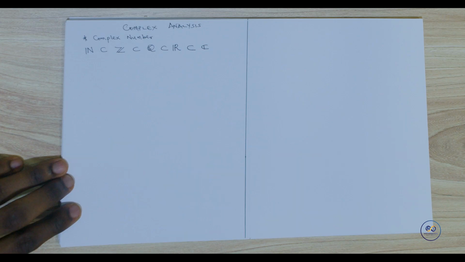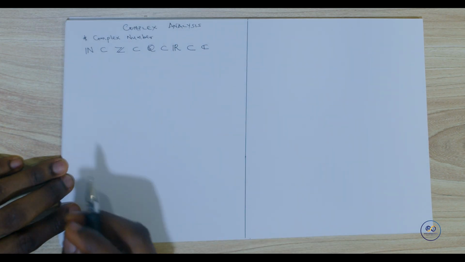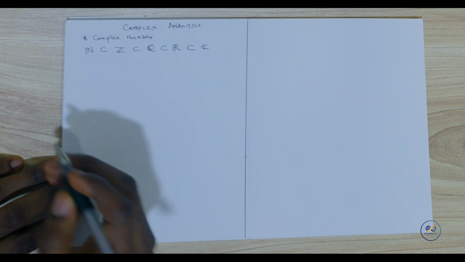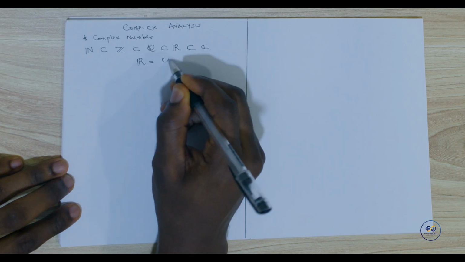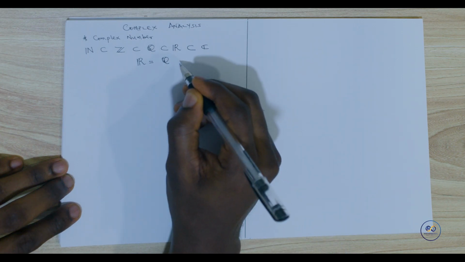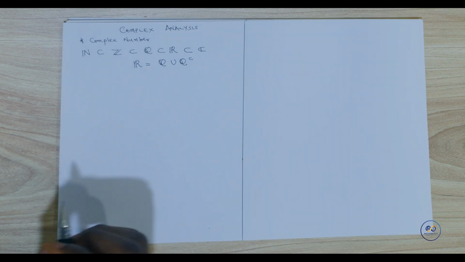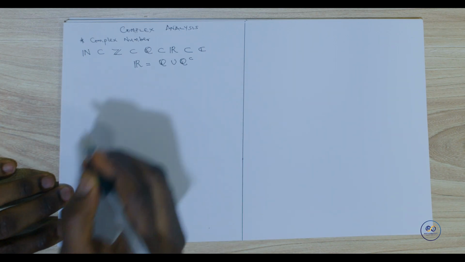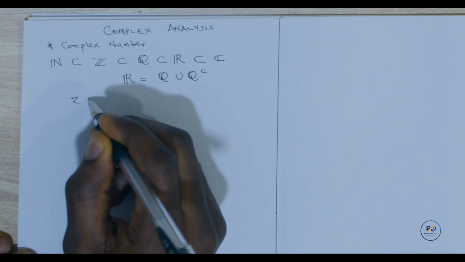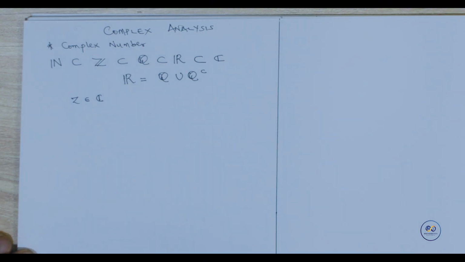You can consider complex analysis as the study of complex numbers and their properties. Now, just as you know that the real number is the union of rational and irrational numbers, we can also discuss the complex number itself as a combination of real numbers. How? Consider the basic complex number, which is an element of the entire set of complex numbers.